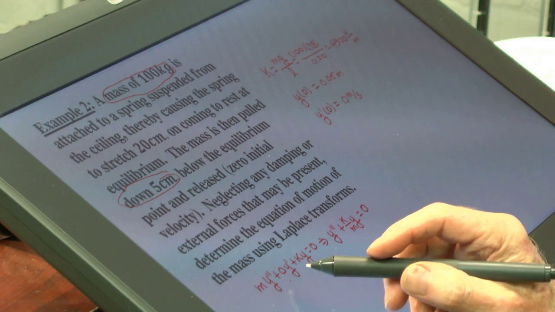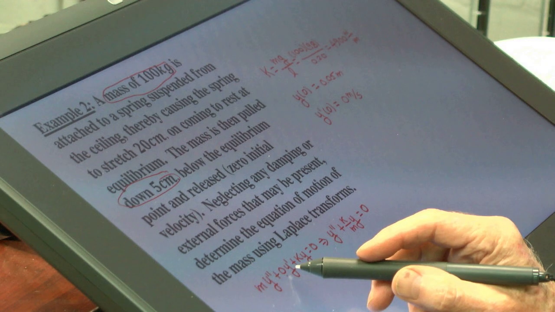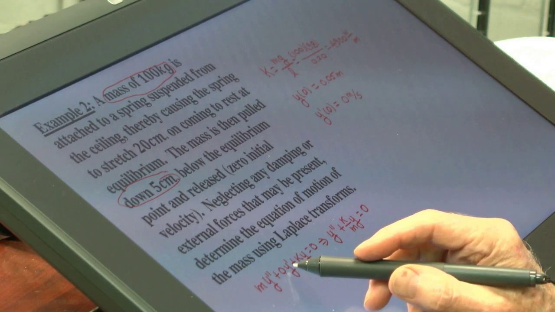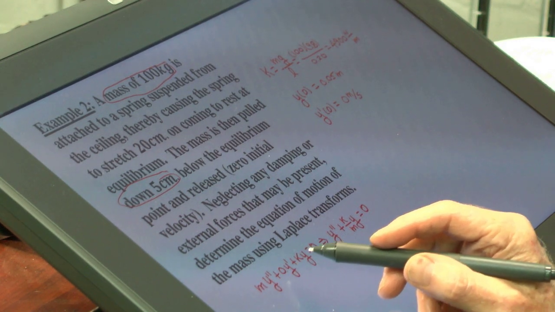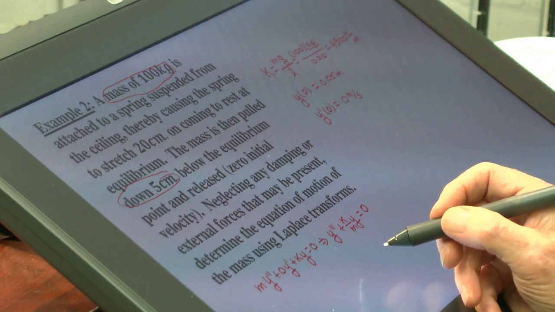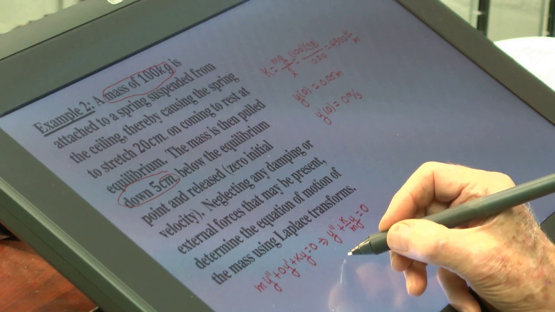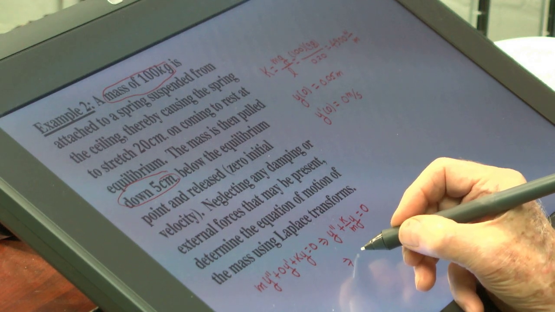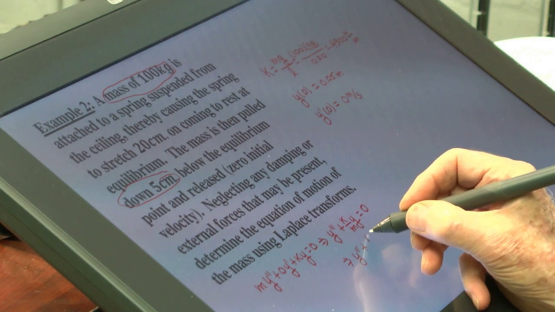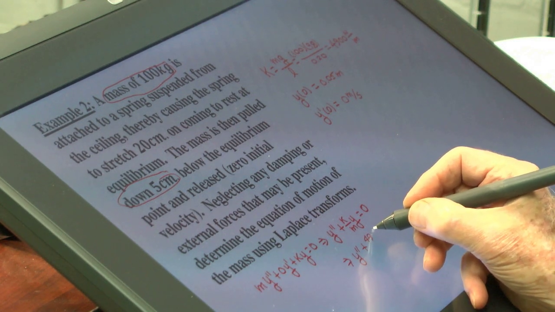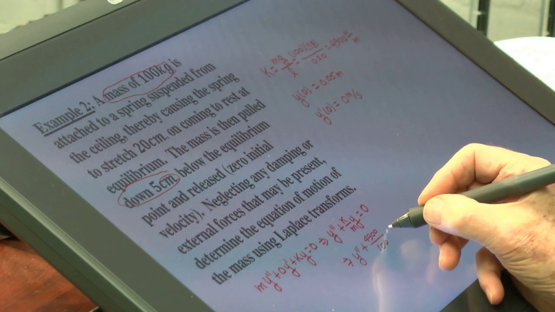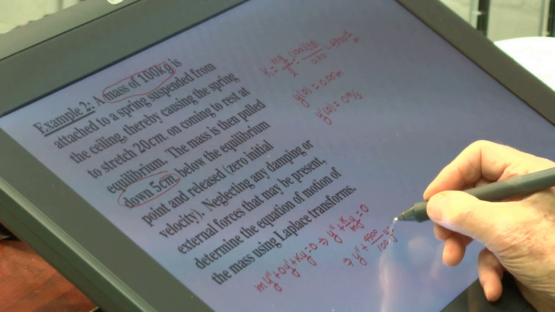So here's our differential equation that models this. It's free, no damping. So we have 0 for the damping factor and 0 for the forcing function there. And we substitute into here, and we get y double prime plus 4,900 over 100 times y is equal to 0.